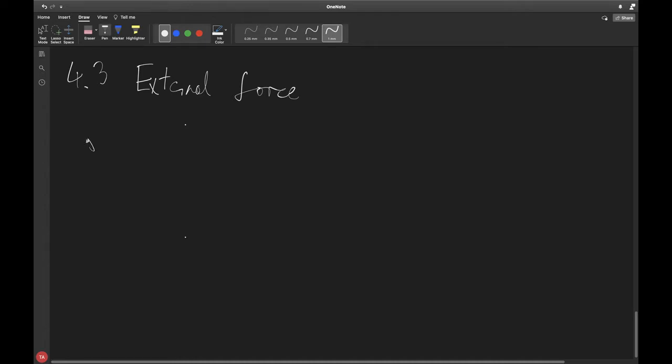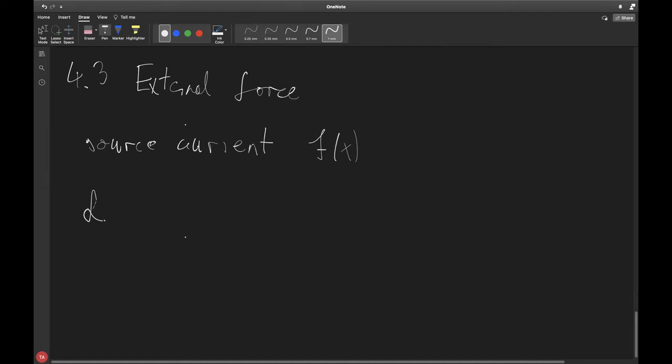So let's say this, source current, denoted with J, and it depends on spacetime.